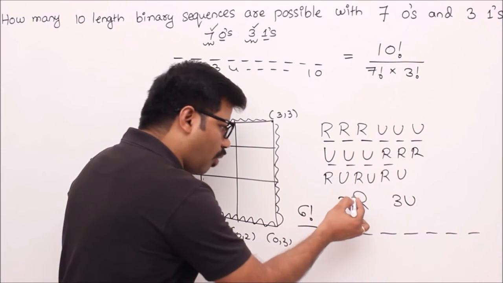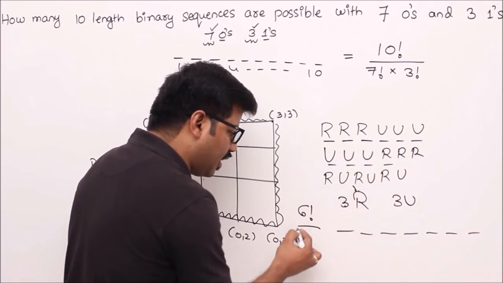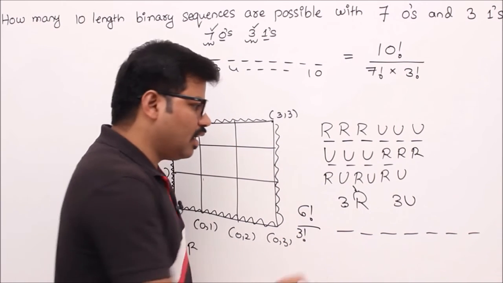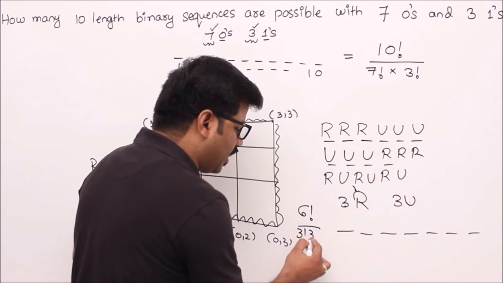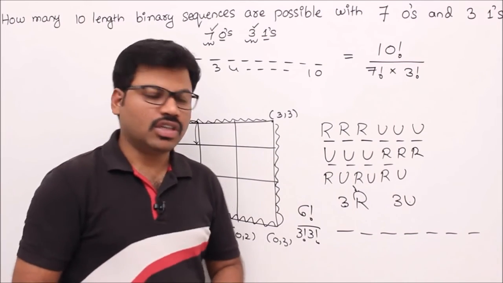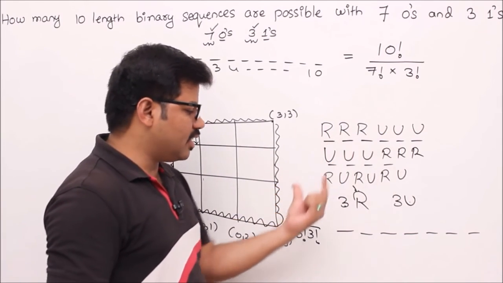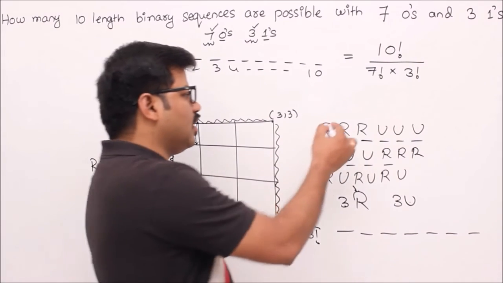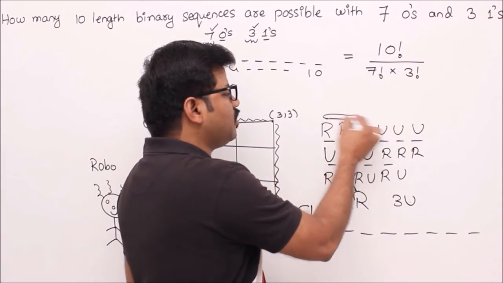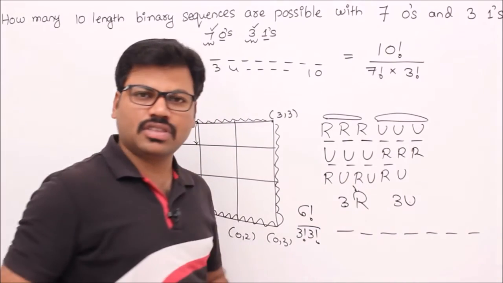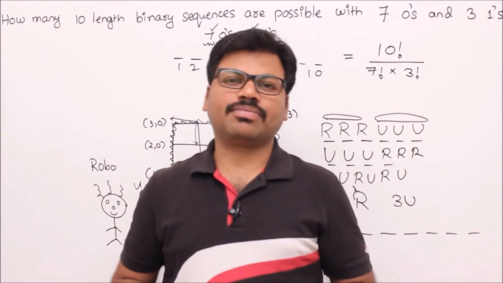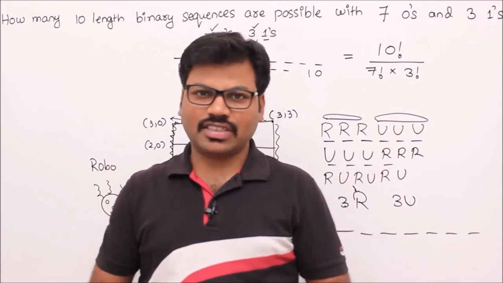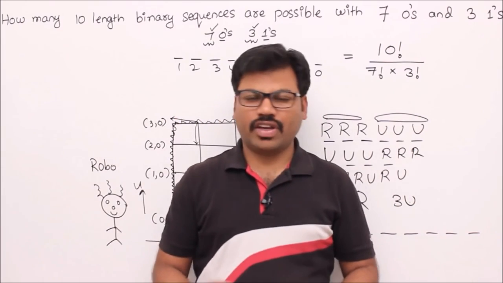Out of them, this object R is repeated 3 times, so divide by 3 factorial, and object U is repeated 3 times, so 3 factorial ways. So these 6 letters are arranged in 6 factorial by 3 factorial into 3 factorial, because this object is repeated 3 times and this object is repeated 3 times, isn't it? So same formula. In that way you can solve questions related to template number 5 very easily.